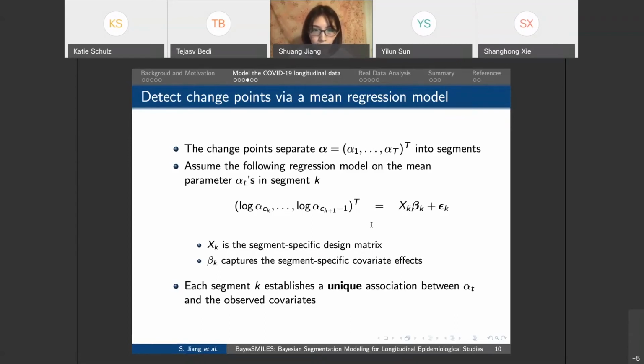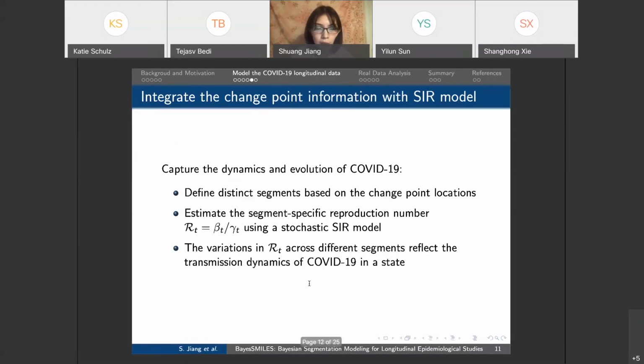And the beta here is the segment-specific covariate effects, which assumes that within each segment k, there is a unique association between alpha and the observed covariates. So after we have defined a distinct segment based on our change points, the next step will just be using a stochastic SIR model to estimate the segment-specific reproduction number.